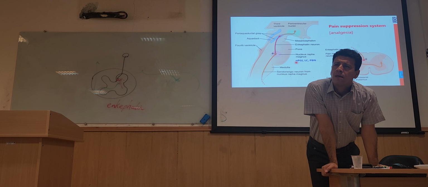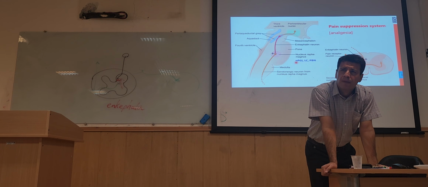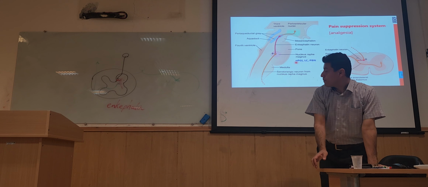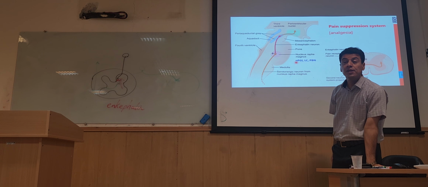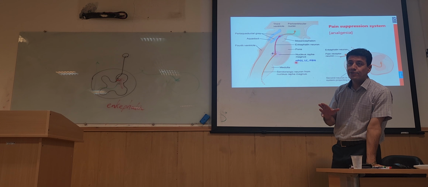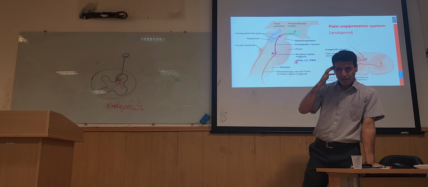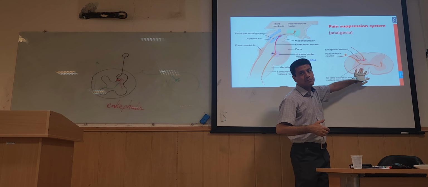So inhibition in the nucleus raphe is considered preganglionic? Not preganglionic, presynaptic. Preganglionic is related to the autonomic nervous system, sympathetic, parasympathetic. So we call this presynaptic, postsynaptic.